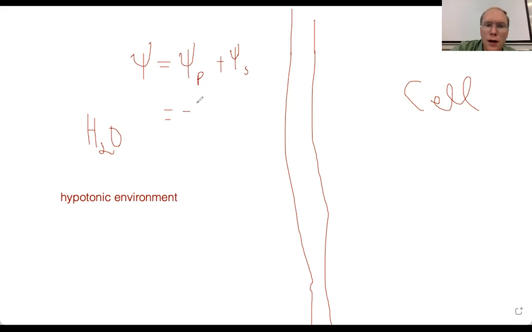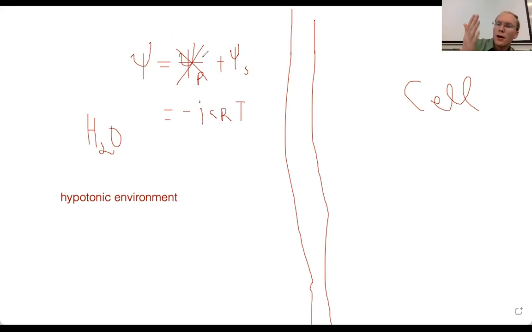So it's going to be equal to negative iCRT. Don't worry about the math so much, but just know this is going to be negative. The cell is going to want to expand because this term is 0. You replaced all the things that are normally outside the cell, and it's now just pure water.